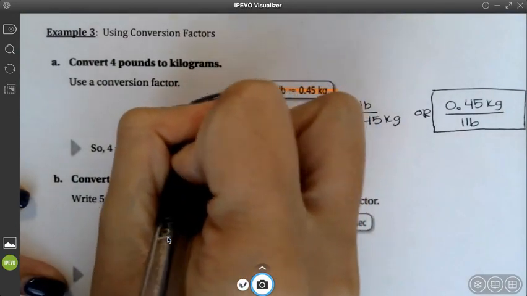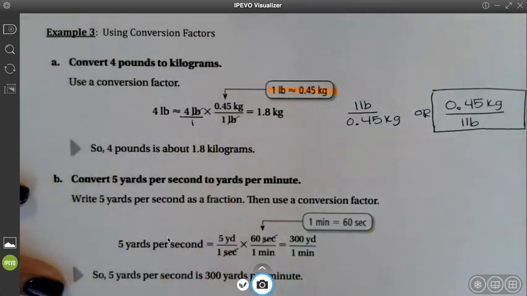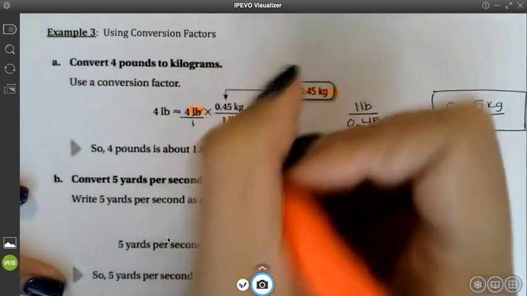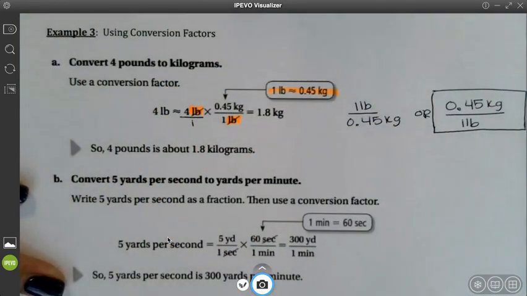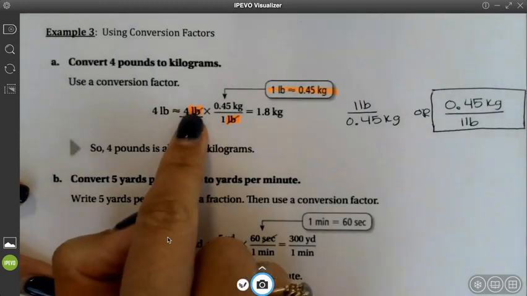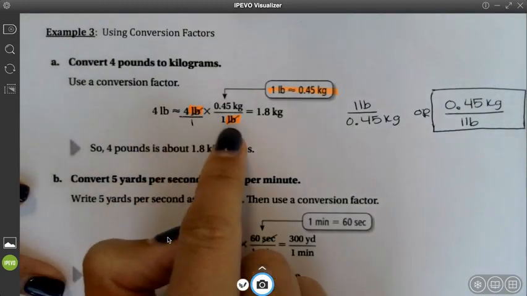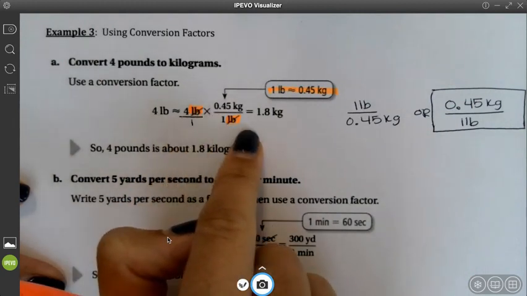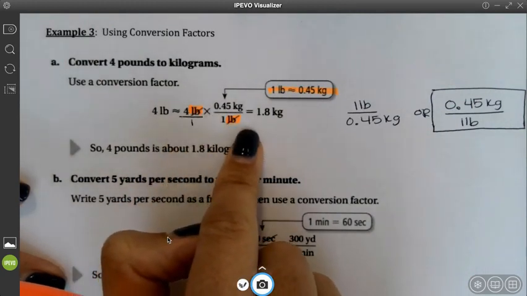In order to cross-cancel, there needs to be something in common in a numerator and denominator. So in this case, pounds was the common unit. So I want 1 in the numerator, which was the 4 pounds, which we started with, and the 1 pound in the denominator. You can cross those out and then just focus on multiplying across.